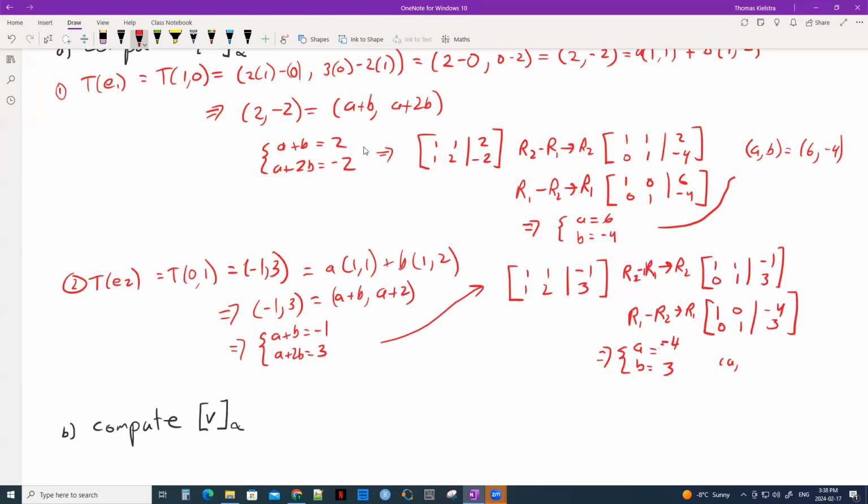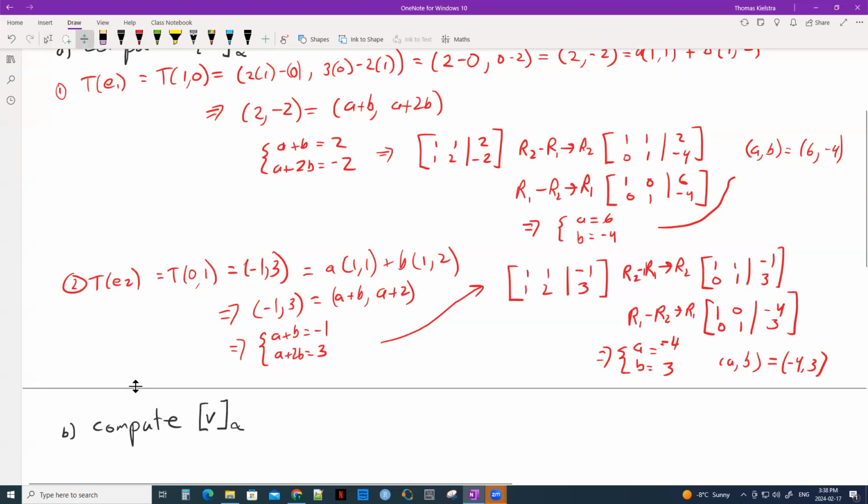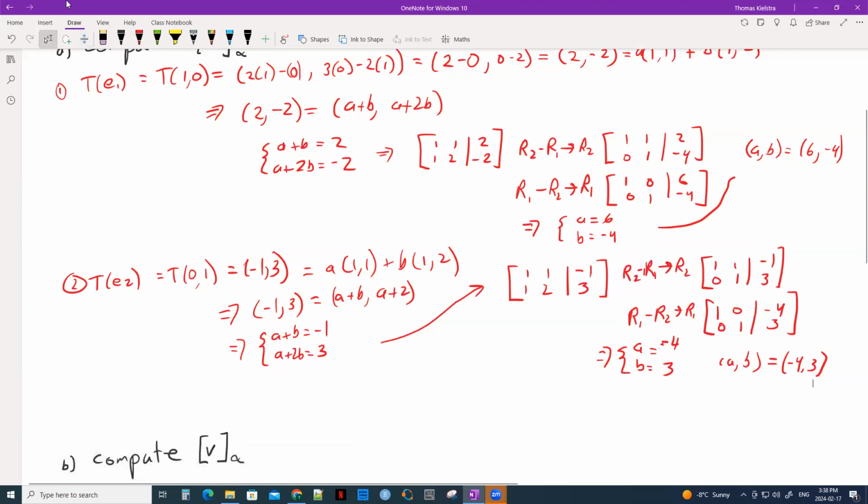So the vector (A, B) can be stored as (-4, 3). Pulling these together, we can create our matrix representation. T alpha beta is equal to (6, -4; -4, 3).